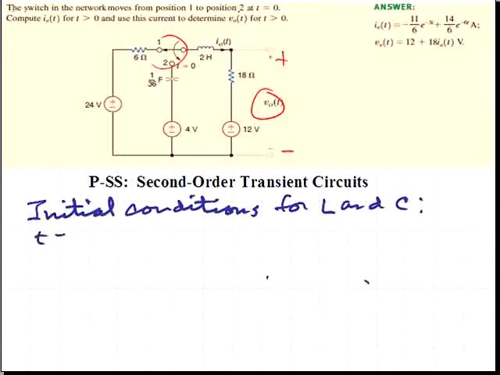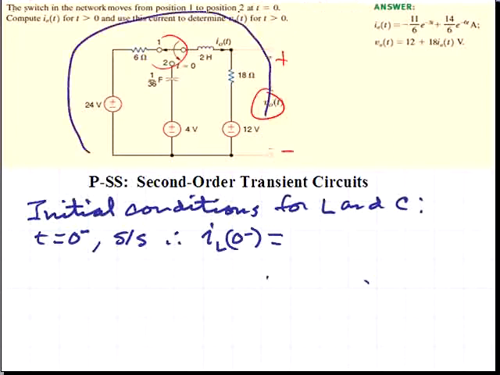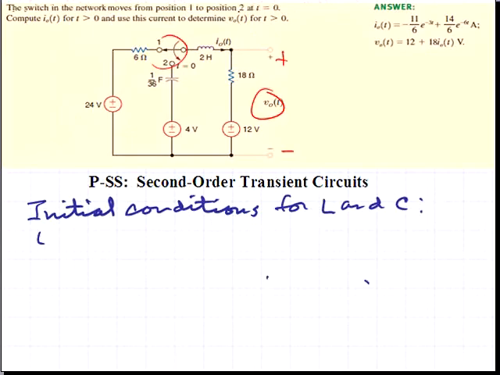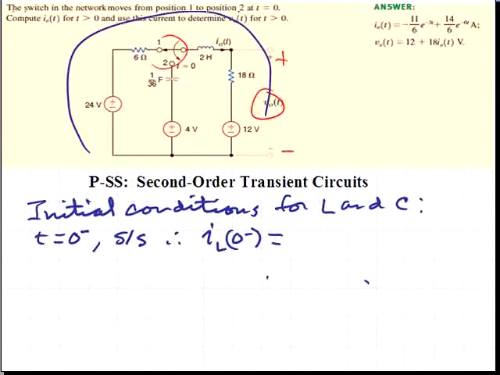At time equals 0 minus, we'll assume that steady state prevails, and therefore the inductor current, which will be a constant value, is equal to, considering a KVL equation around the entire circuit, 24 volts minus 12 volts divided by 18 plus 6 ohms, and this will equal 0.5 amperes.